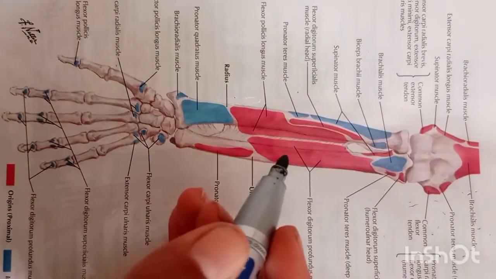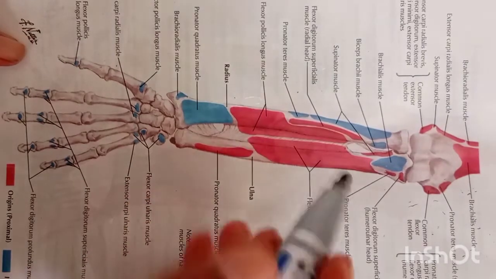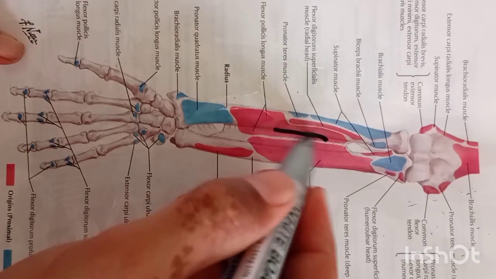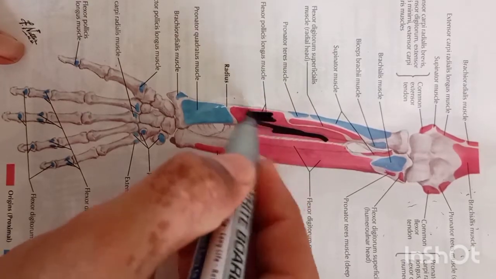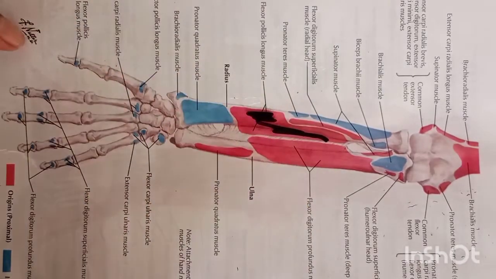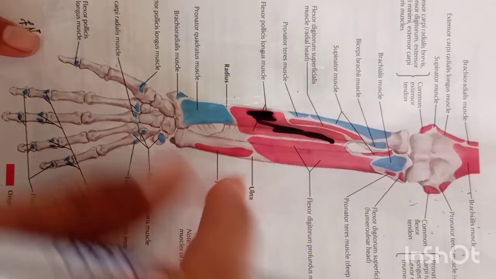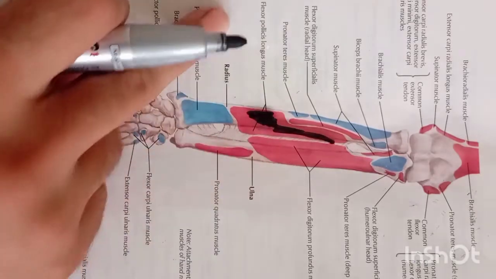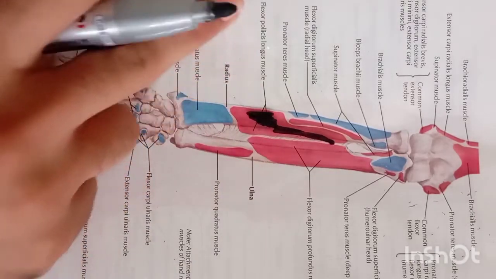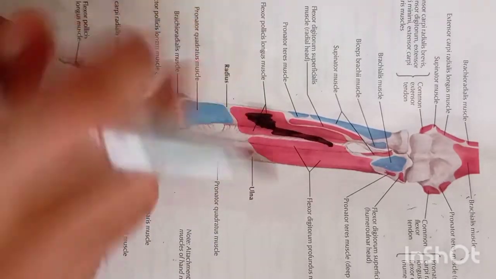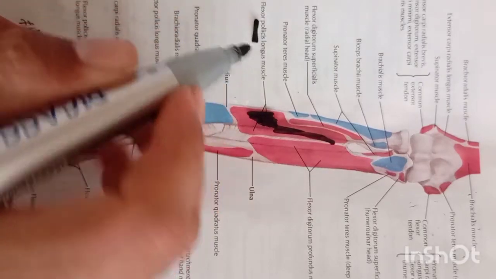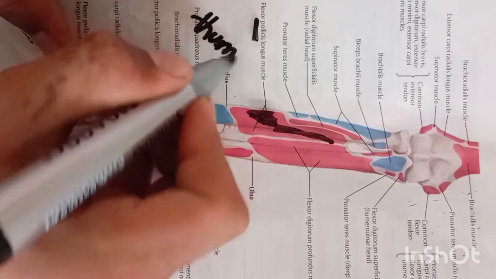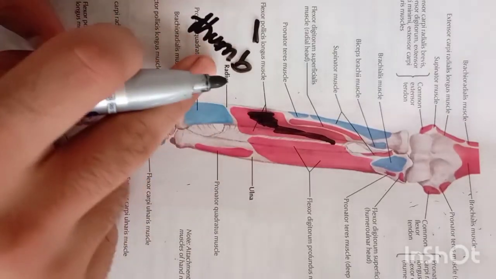Next is the flexor pollicis longus muscle, which originates from the interosseous membrane and the radius. You can see in this diagram, it originates from here, and from the name you can see flexor pollicis longus. It flexes the pollicis. Pollicis is the term used for the thumb.